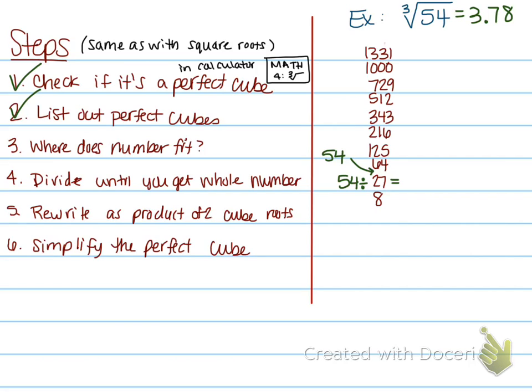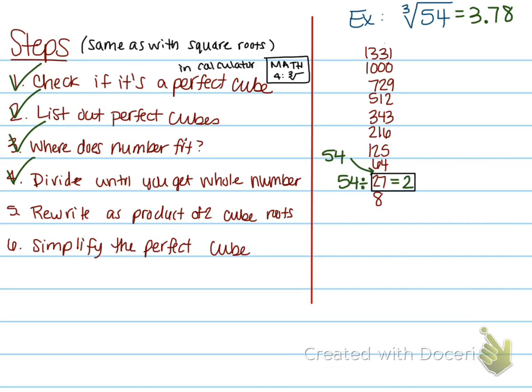In my calculator, I type in 54 divided by 27. I notice that this time it works out very nicely to be the first option. When I divide by 27, I get 2. So I found out where my number fit in, and I divided until I got my whole number.